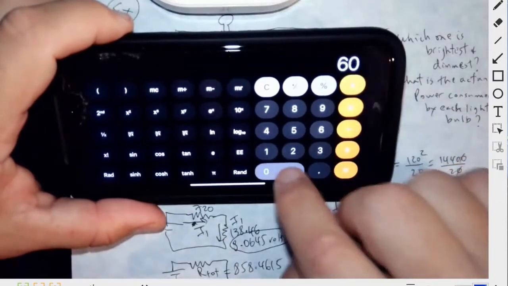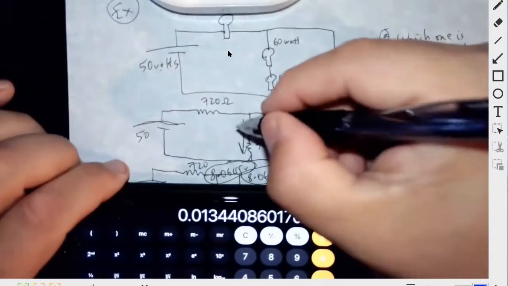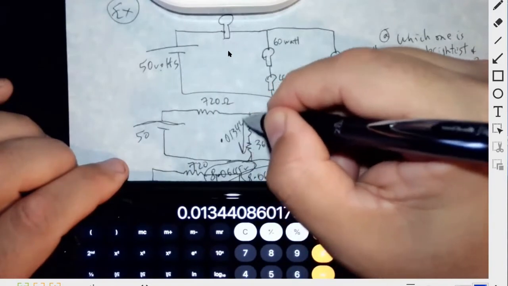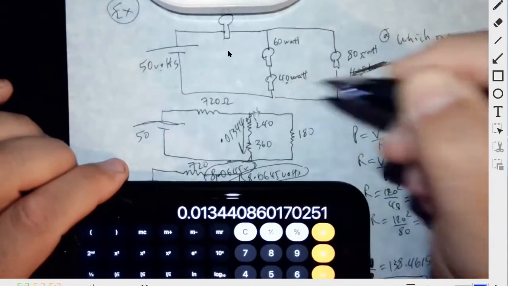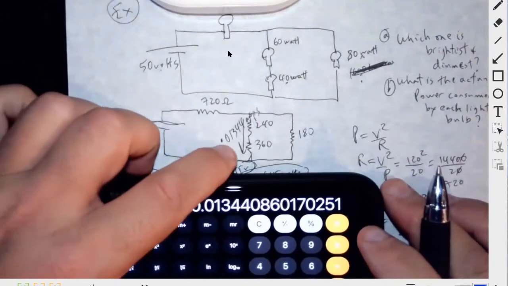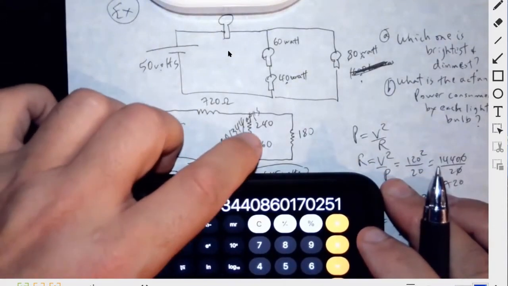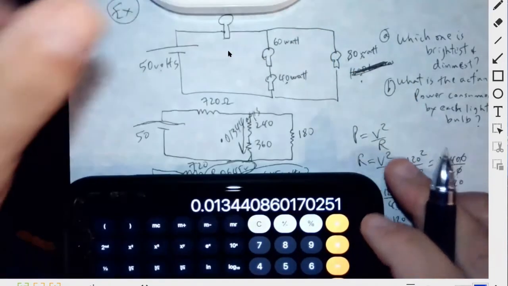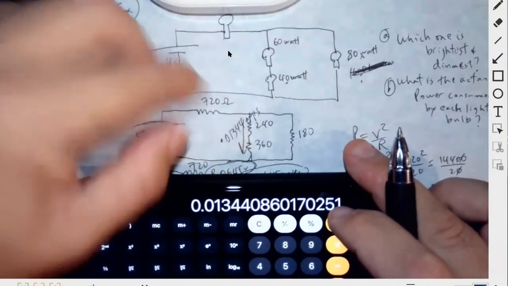So this is going to be 0.01344 amps. And then I could find the power of it. Since I'm concerned mainly with power, all I need is the relevant information.